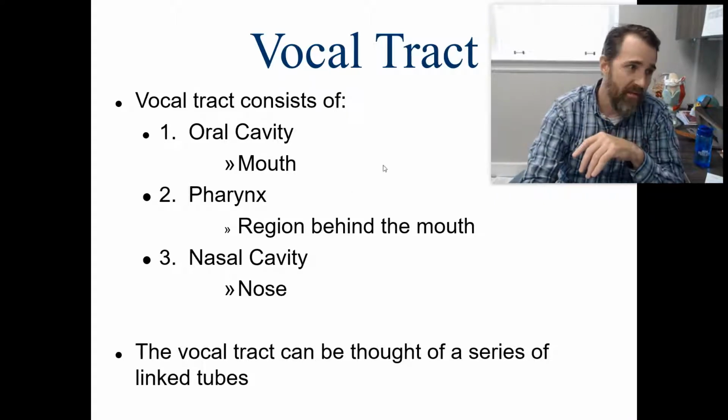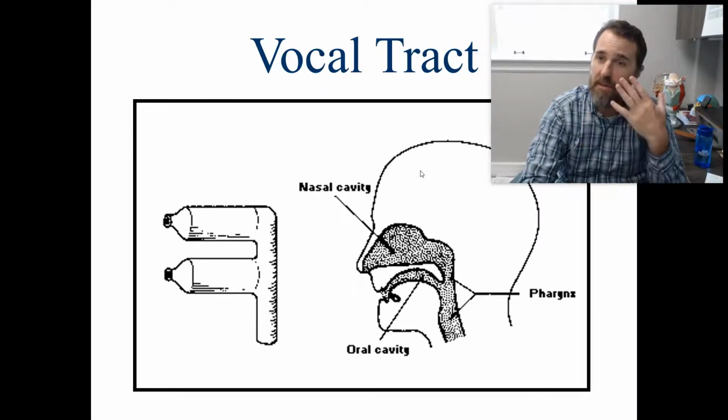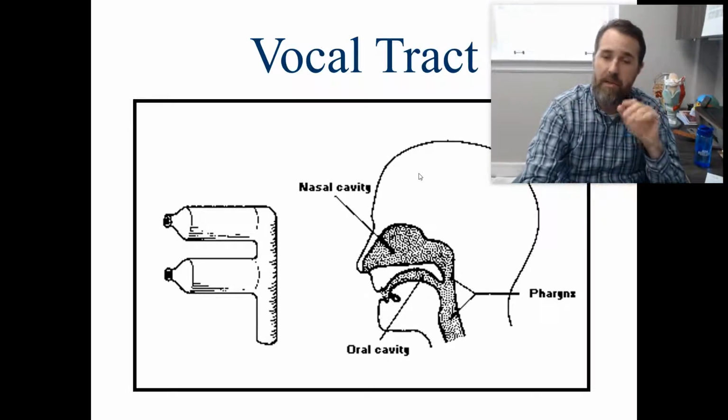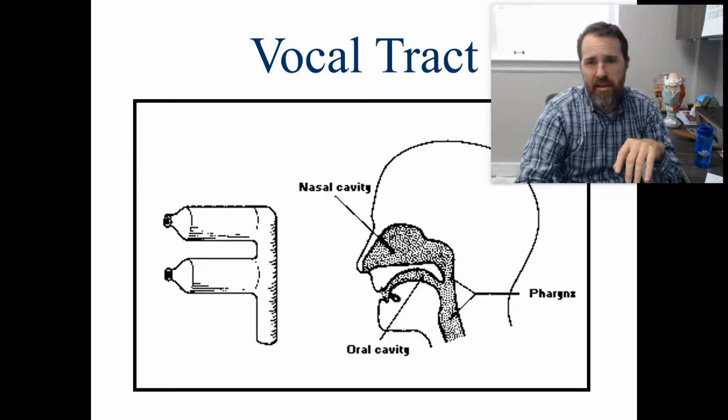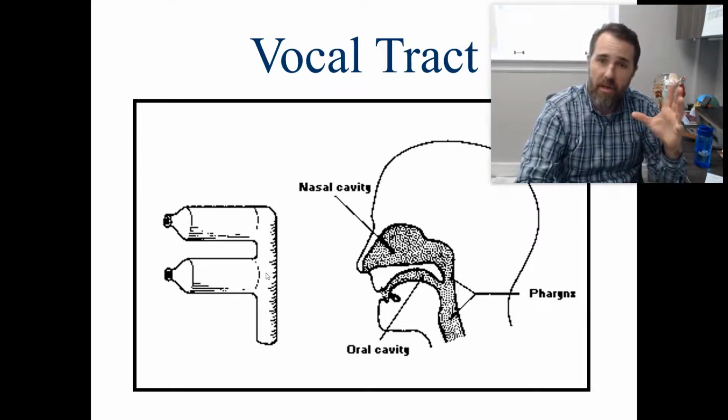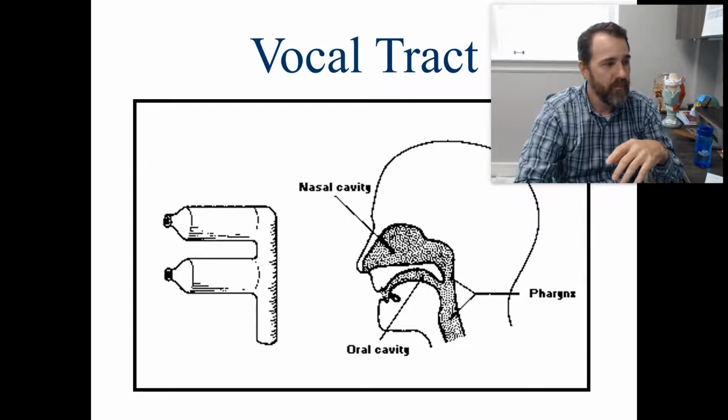And you can think of these three containers, nasal cavity, oral cavity, and pharyngeal cavity, as being three different chambers through which the raw sound of your vocal folds resonates.